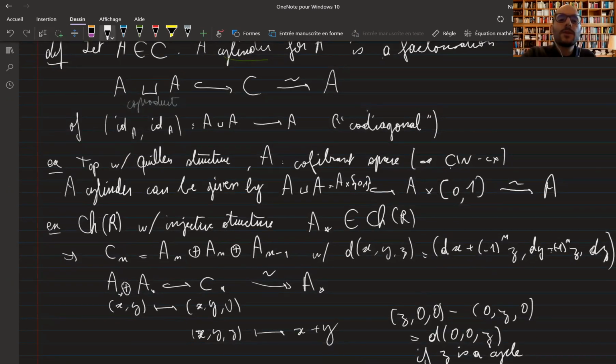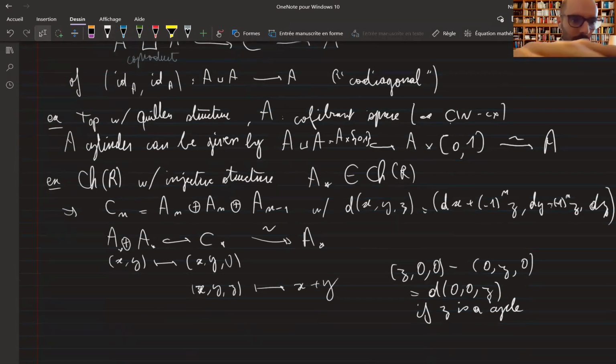Maybe a small comment here for simplicity. I ask that this map is a cofibration. In the literature, it's not always asked. And what I have defined here is traditionally called a good cylinder, because I ask for this one to be a cofibration. It's not always asked, but it's simpler, and good cylinders always exist.